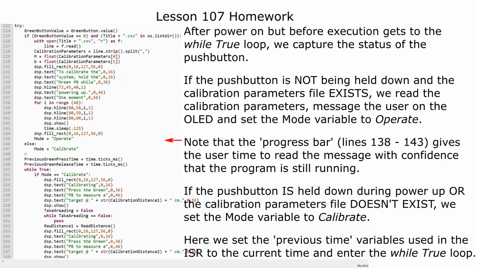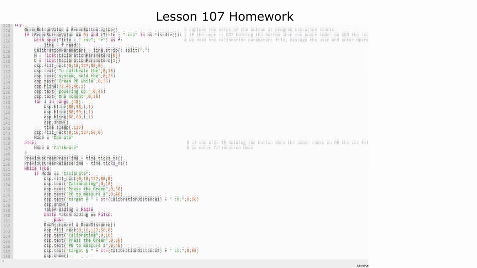Note that the progress bar in lines 138 to 143 gives the user time to read the message with confidence that the program is still running. If the push button is held down during power-up, or the calibration parameters file doesn't exist, we set the mode variable to calibrate. Here we set the previous time variables used in the ISR to the current time and enter the while true loop.